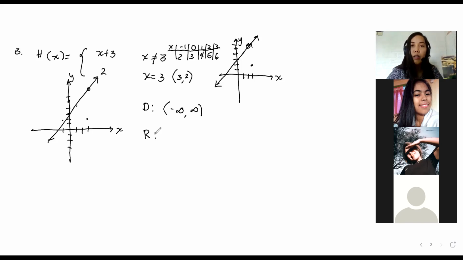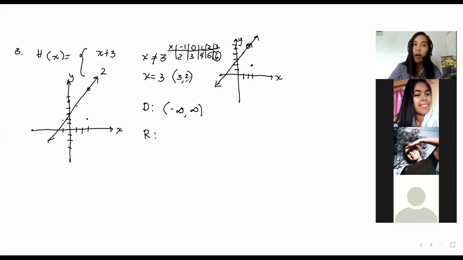Tingnan nyo ang y value, set of y values. Dito, ang y na hindi lang natin makukuha ay 6 kasi hindi kasama si 3 eh. Right? Dito naman, ang range ay 2. Okay? Dito kasi, ang range ng una, all real numbers except 6.